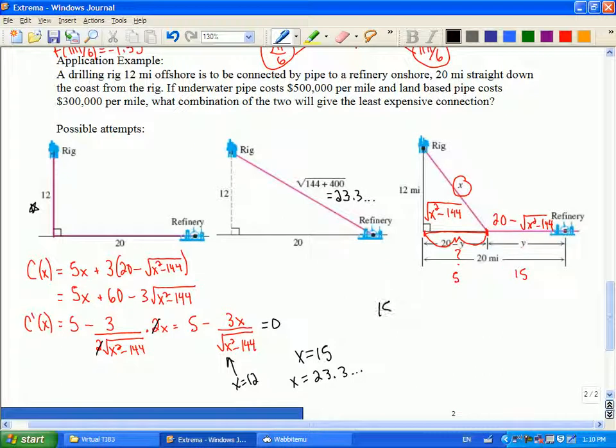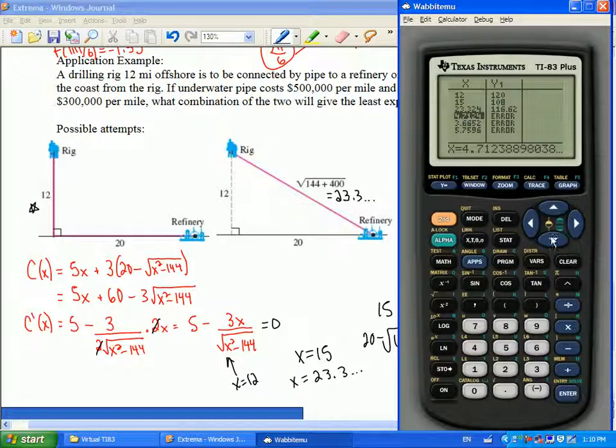So 15 miles underwater, and then it would be the square root of 12 squared minus 15 squared, and this is how far we'd be going along the shore.